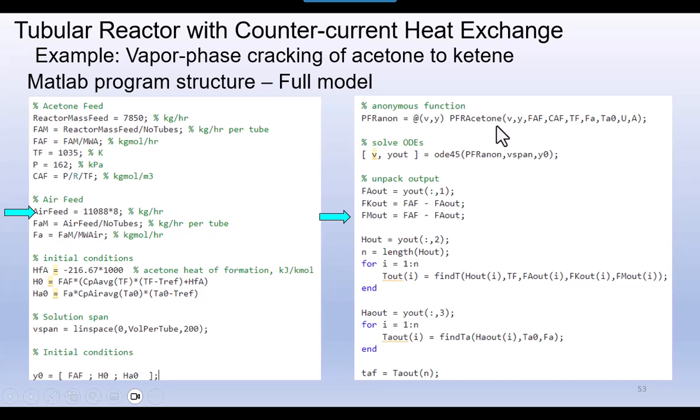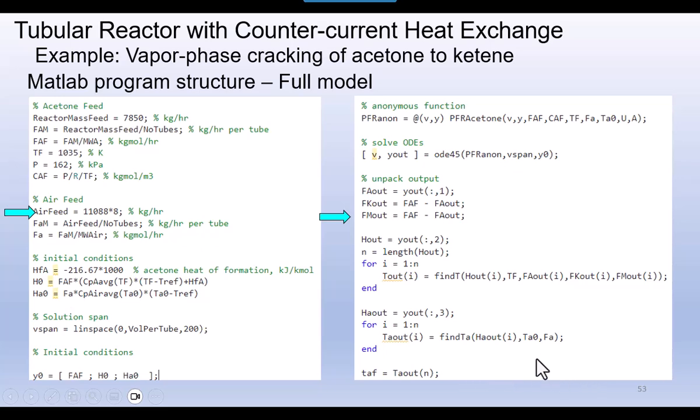And then we have our PFR acetone that we reviewed with you. Then when we get the solution, we unpack that first in terms of the molar flow of acetone for our 200 points. And then we use the stoichiometry to get the 200 points for ketene and methane. And then we come back around and we use our fine T and fine TA to convert all of our enthalpy values for the reaction mixture and air into an array for all of the temperature values.